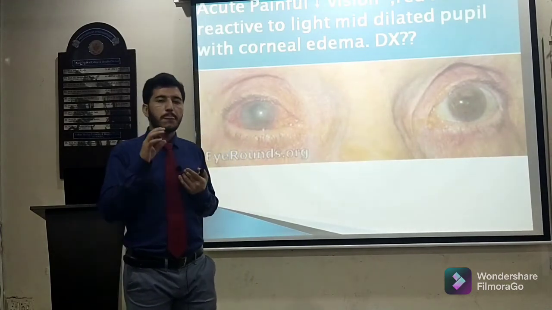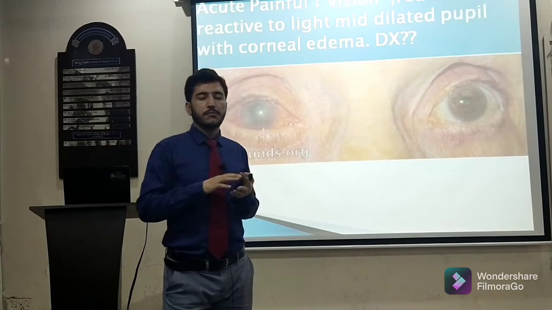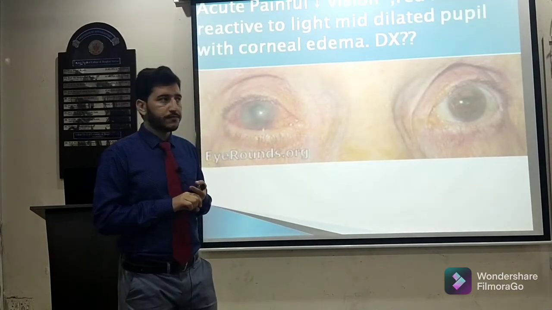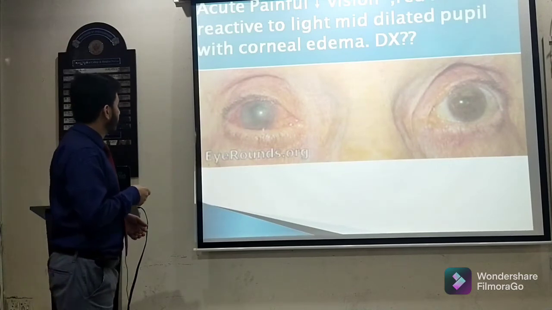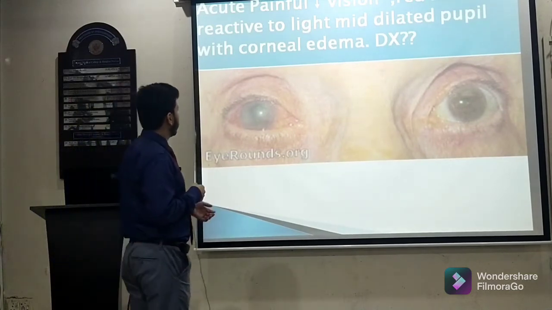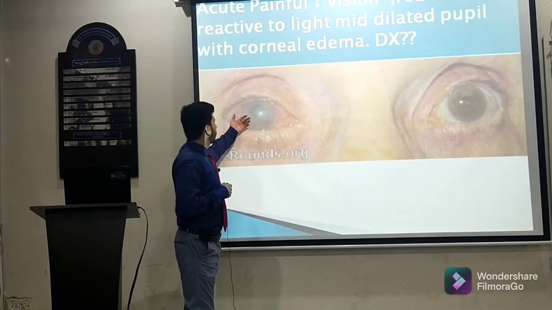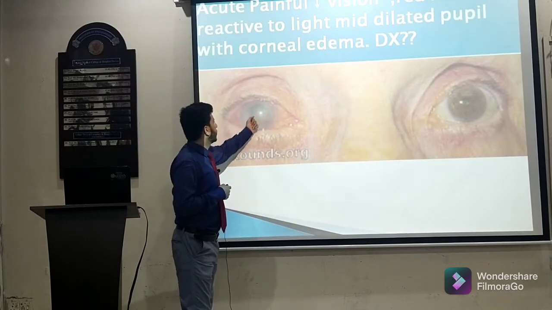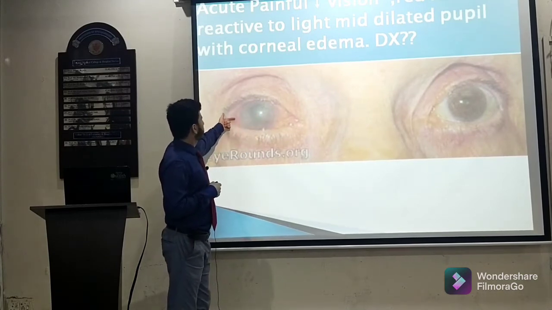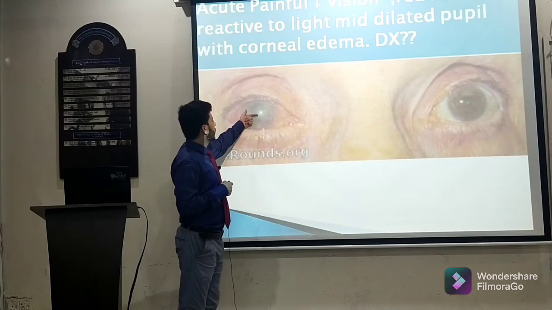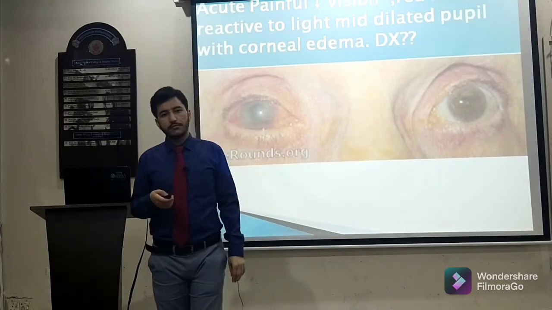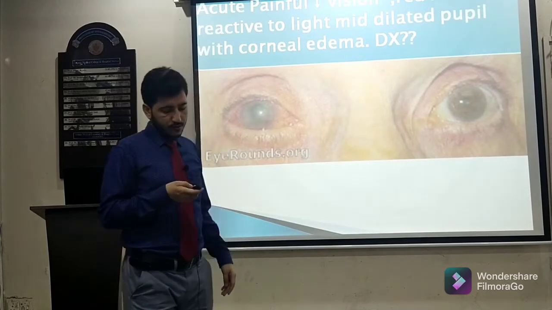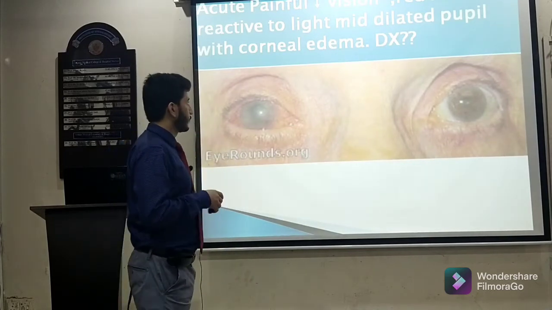The pupil will be mid-dilated, non-reactive to light, and there is corneal edema. In this picture, the patient has corneal edema, a mid-dilated pupil, and a red eye with decreased vision. The patient will tell you, I have very severe pain, and the patient will also have nausea.